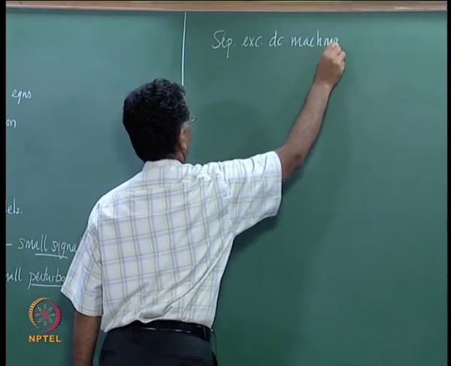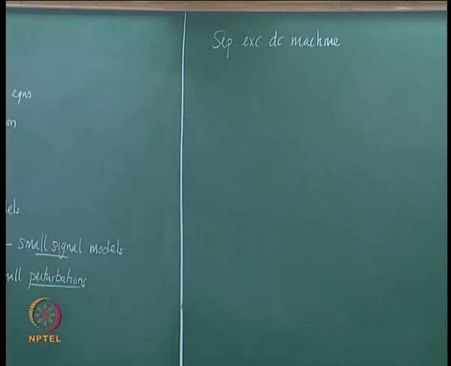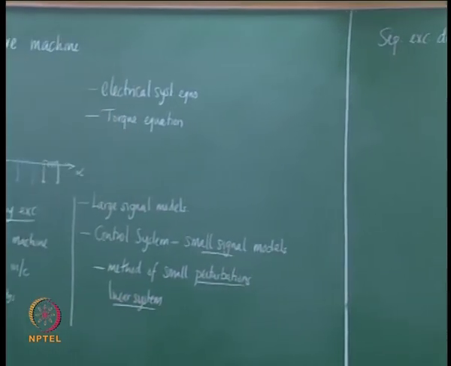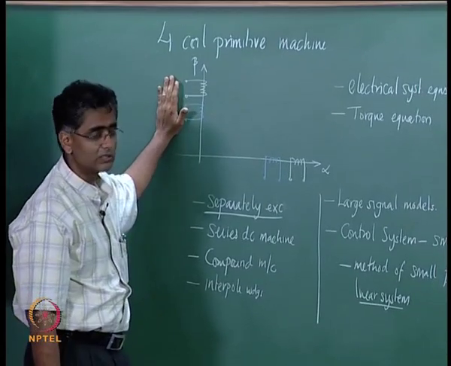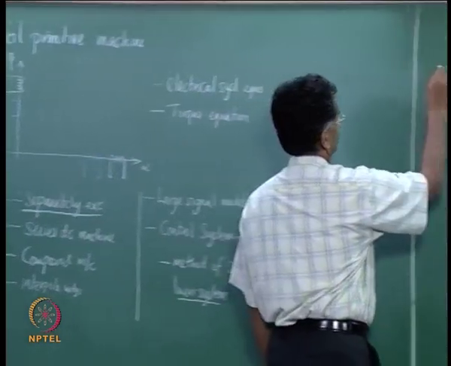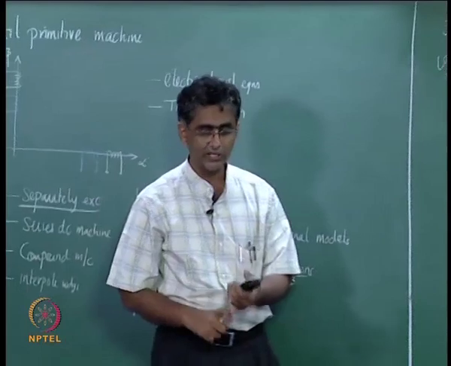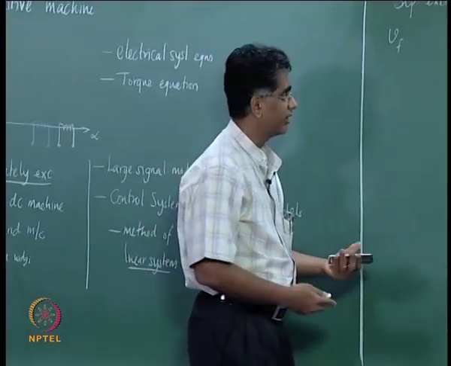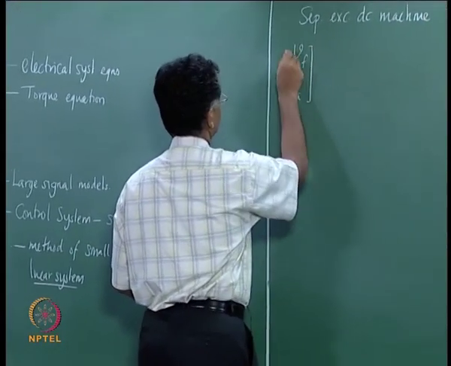we had simplified the equations that we developed for this 4 coil system. We eliminated 2 of them and we obtained the equations for a separately excited DC machine, which can be written as follows. You have in the separately excited DC machine a field excitation system and then the armature. Vf is the applied voltage to the field and Va is the voltage to the armature.